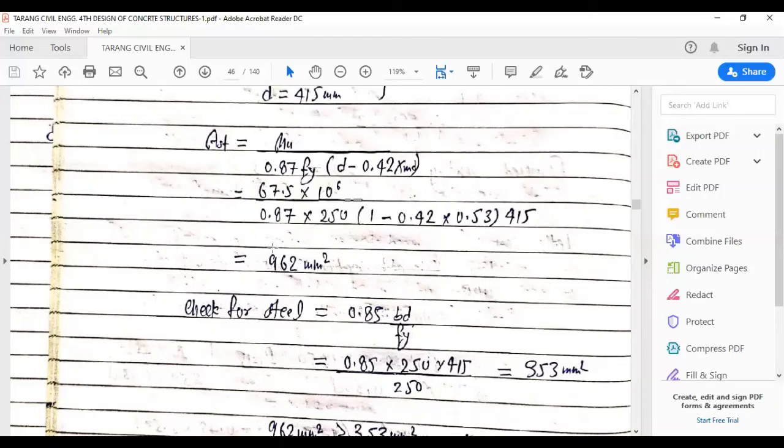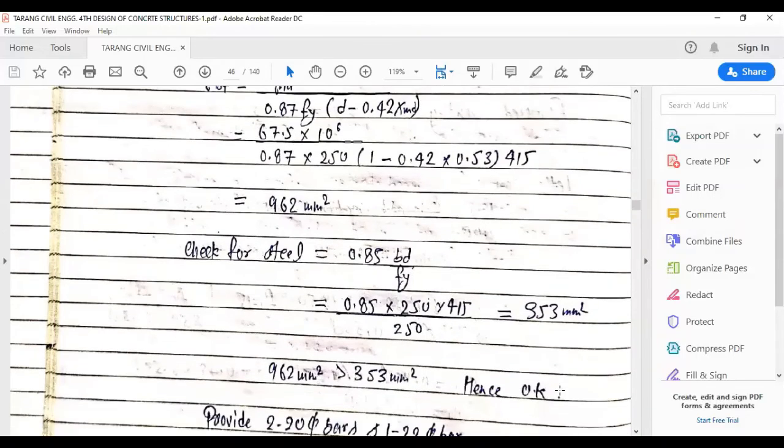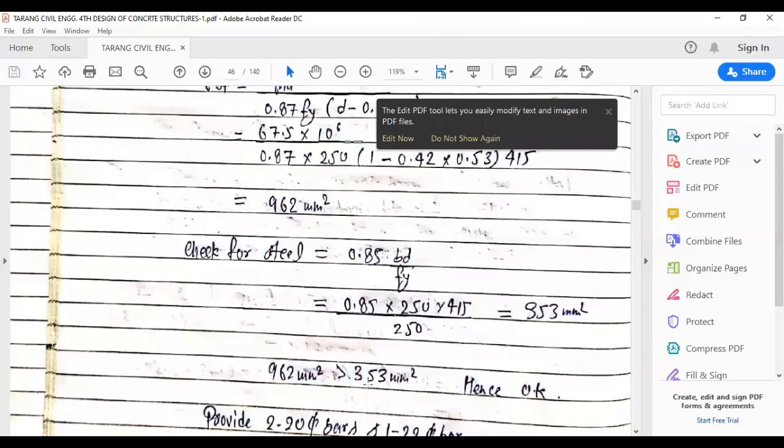We have just found that the area of steel we are providing is 962 mm square, and the minimum required is 353 mm square. What we are providing is greater than what is required at minimum level. Hence, our section is okay.